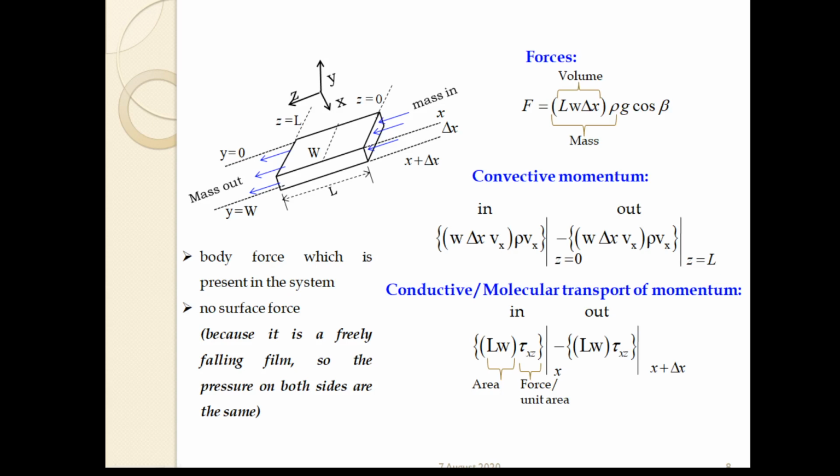X equals delta means the film thickness, where x varies from 0 to delta. And as we know from Newton's law of viscosity, tau xz is minus mu dvz dx, at x equals delta, multiplied with dy dz.